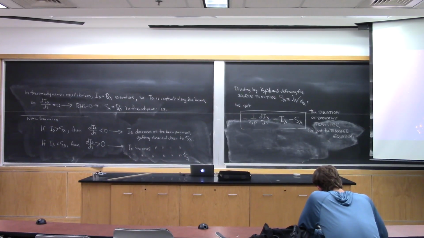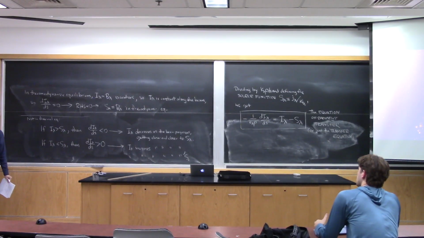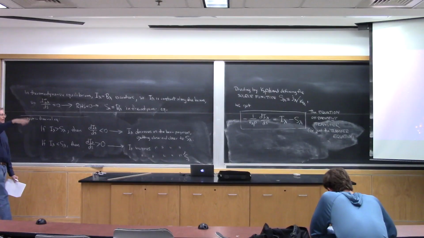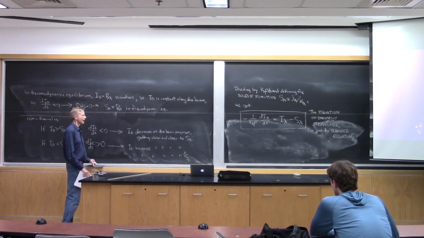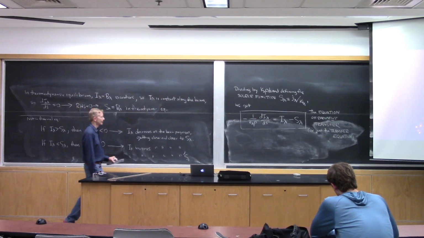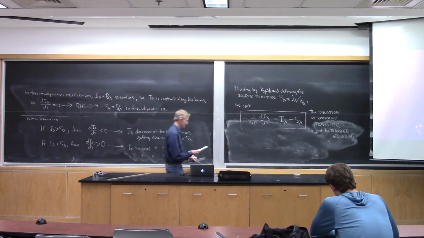Now, that's in any region. If you have a very large region where the source function is constant, any beam of radiation traveling through that region has an I lambda that gets closer and closer to that value of S lambda as the beam progresses.